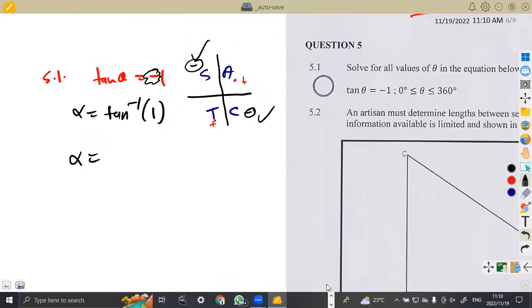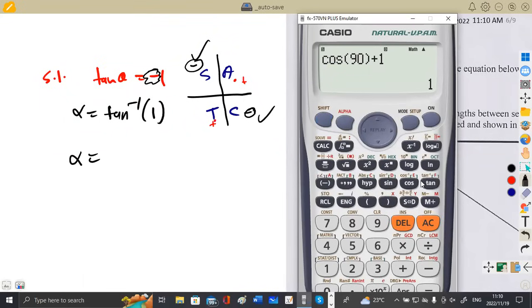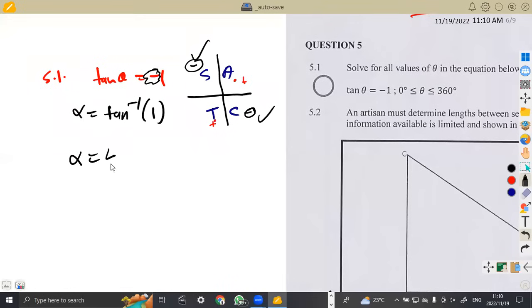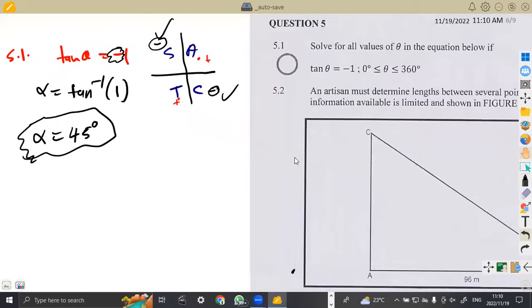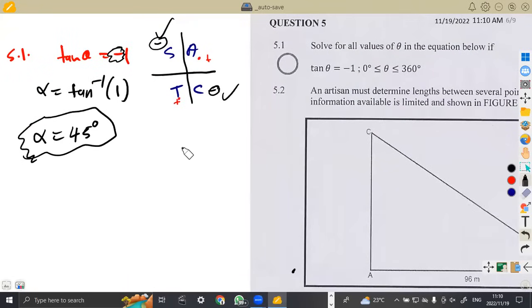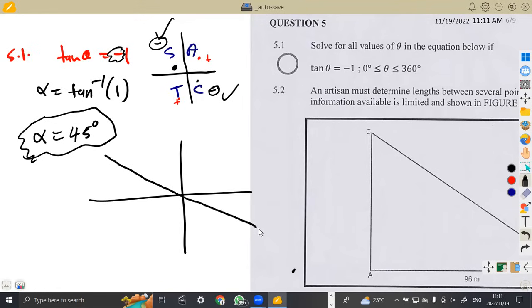So that's arctan 1 from your calculator, shift tan 1, which is 45 degrees. So we now know there is an acute angle of 45 degrees in the quadrants that we talked about. But remember, our answer is going to be in the second and in the third. So in the second quadrant, we are going to have something like this, and in the third quadrant, something like this.